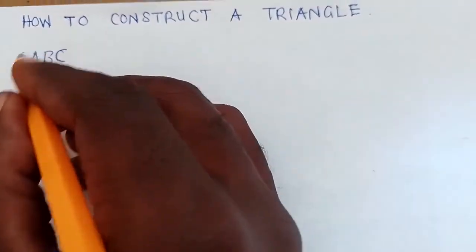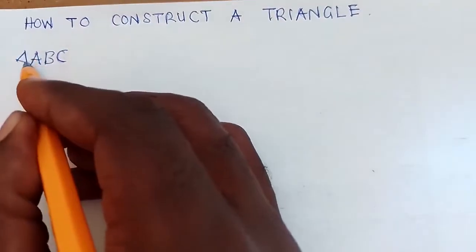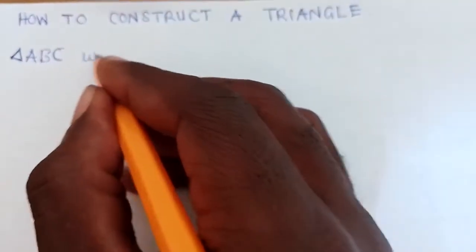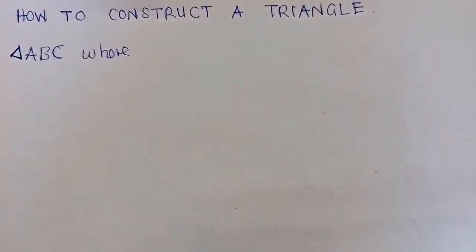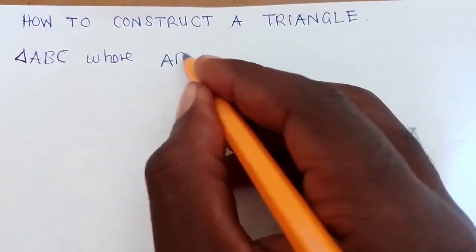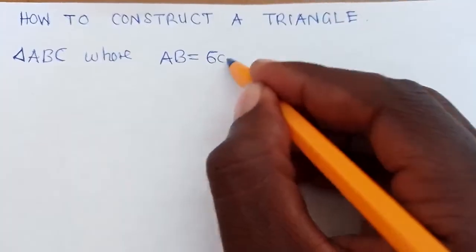We want to construct triangle ABC. This means triangle ABC, where AB is equal to 6 centimeters.